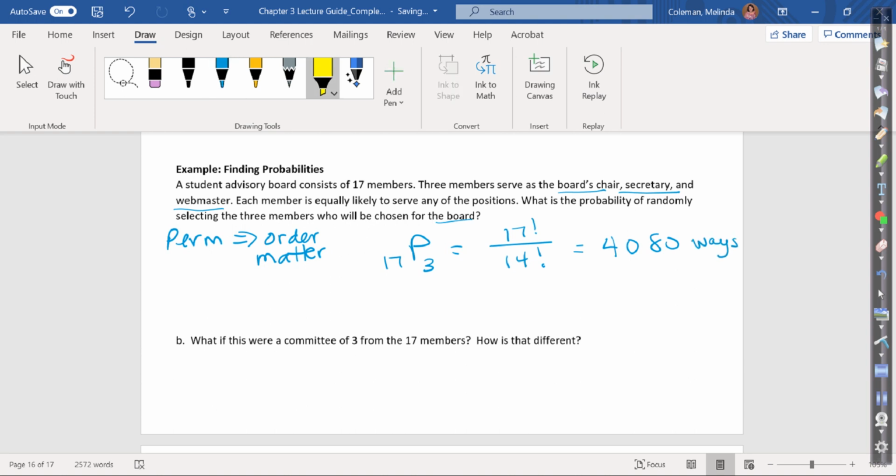Now be careful because the question says, what is the probability of randomly selecting that person? What is the probability?